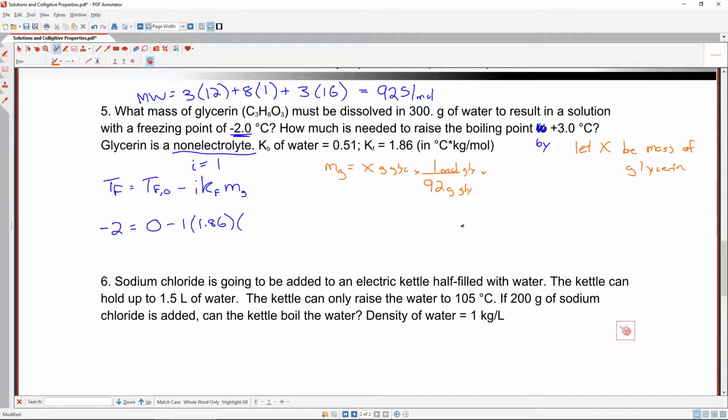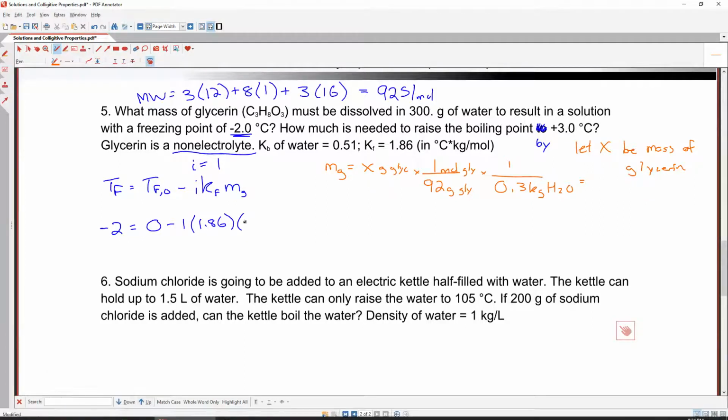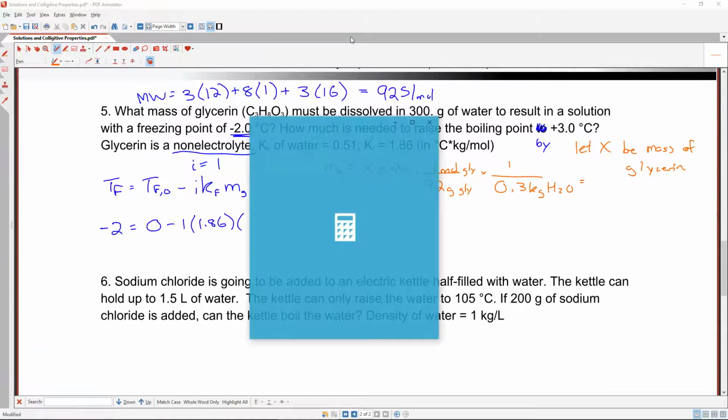And then multiply that by 1 over 0.3 kilograms of H2O. So our molality is going to be in terms of x, which is perfectly fine because we want to solve for x.